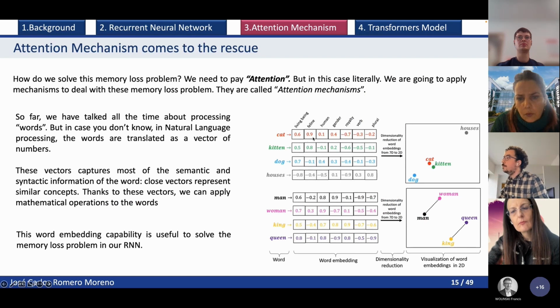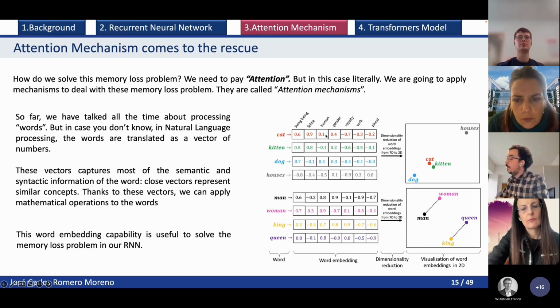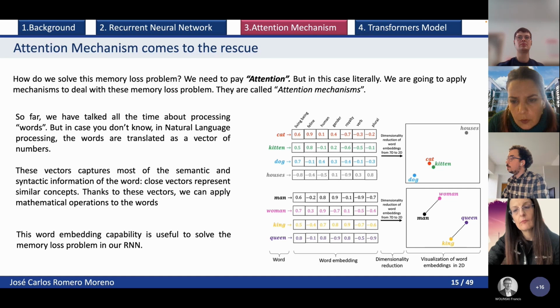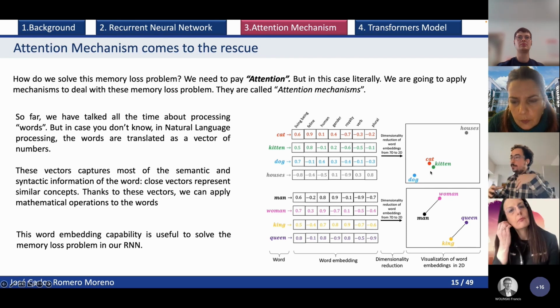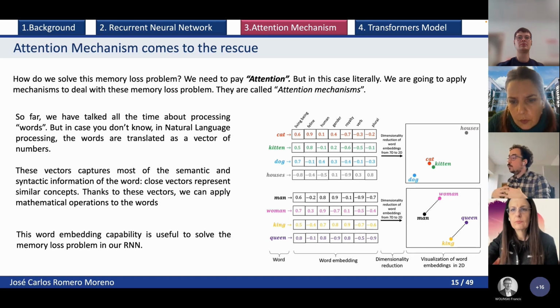For example, for cat, we have feline, not human, it is an animal, has 4 legs, etc. So there are models that are able to transform words into numbers, and these vectors can be processed by computers. We can also represent these vectors in space, and without wanting to go into too many details, in a multidimensional space, vectors that are closer together are more similar.